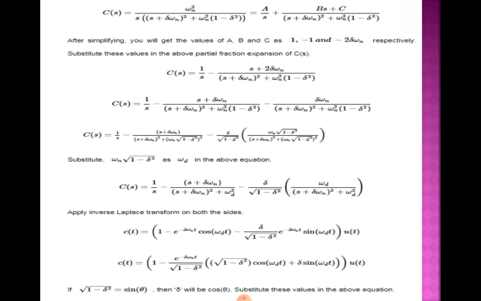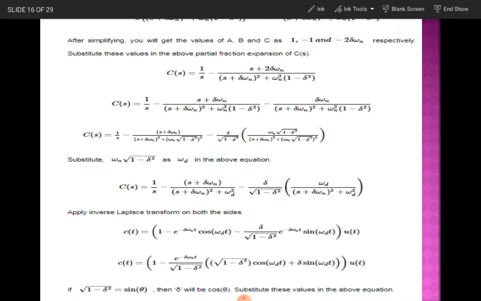Then this expression can be rewritten in such a way that we can find the coefficients A, B, C as 1, minus 1 and minus 2 delta omega_n.